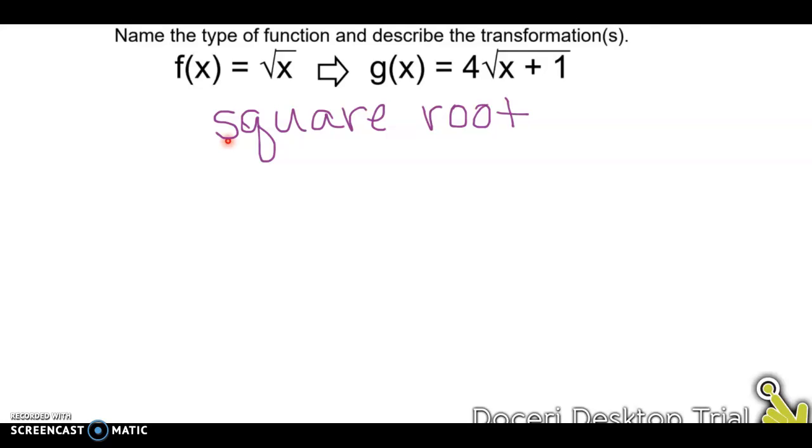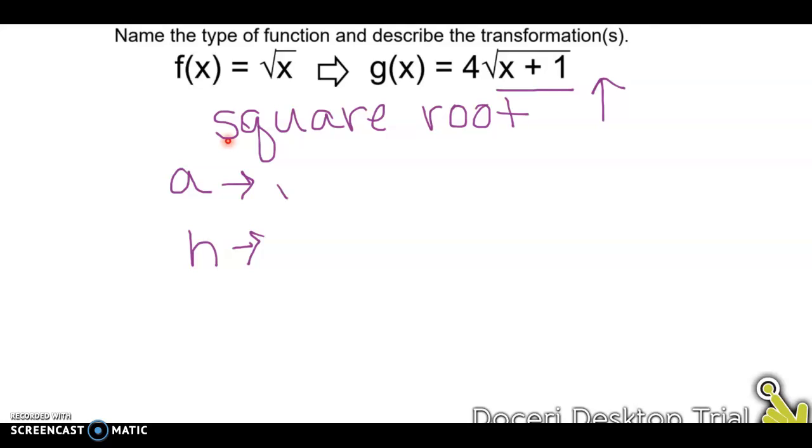And what do we have? What has changed? Well, what's outside in the front is the a, and what is within it is the h. Again, for this one, we don't have anything out here on its own, so we don't have a k. A is going to make it larger or smaller.